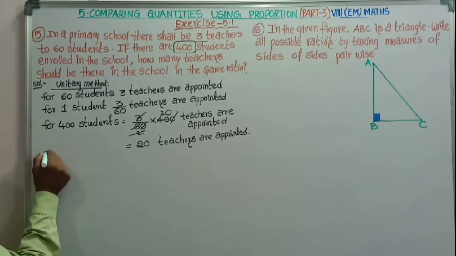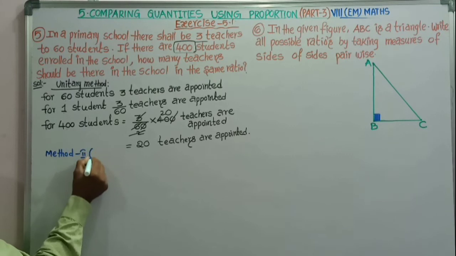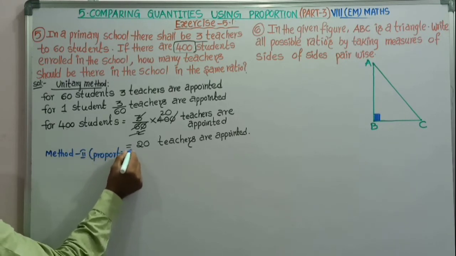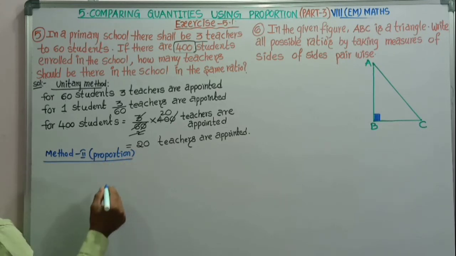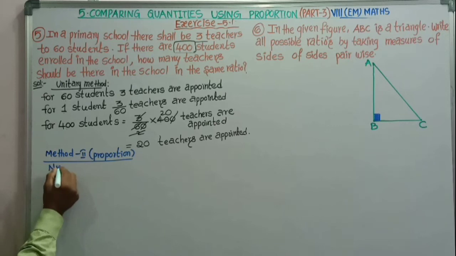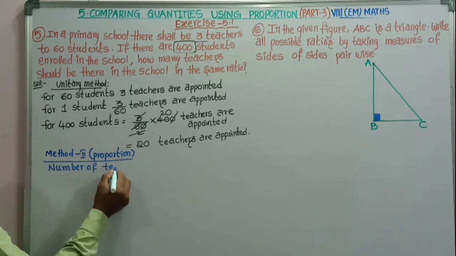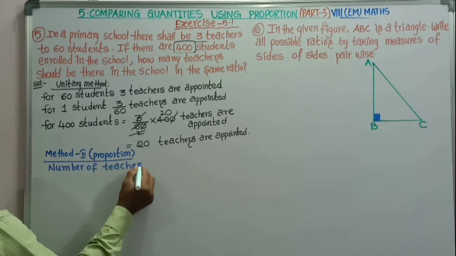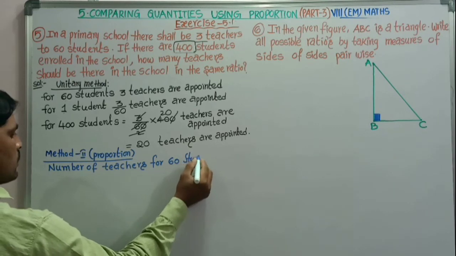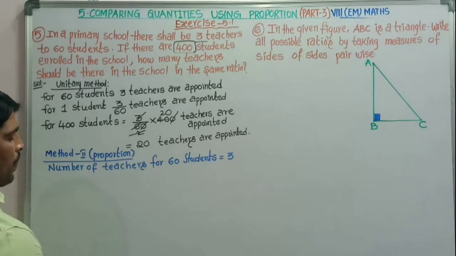Okay. Let us see it by method 2, called the proportion method. The number of teachers for 60 students is equal to 3.